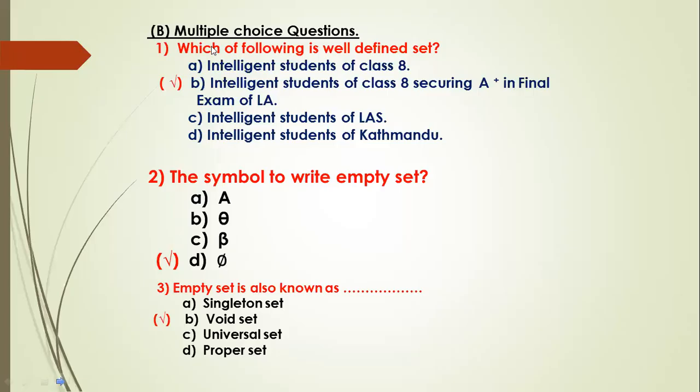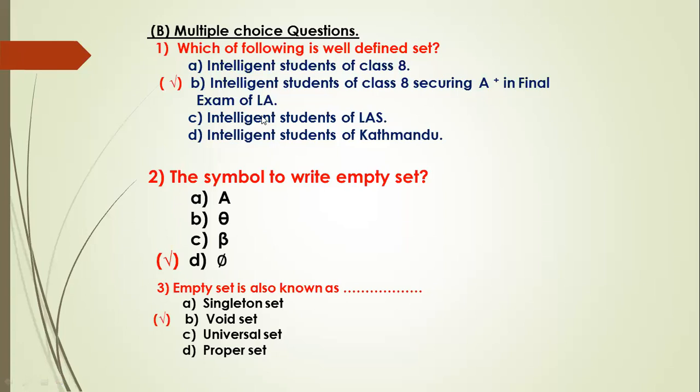Multiple choice questions. Which of the following is well defined? Intelligent students of class 8, intelligent students of class 8 securing A plus in final examination of LAS, intelligent students of Kathmandu.